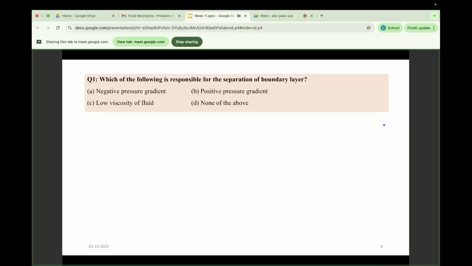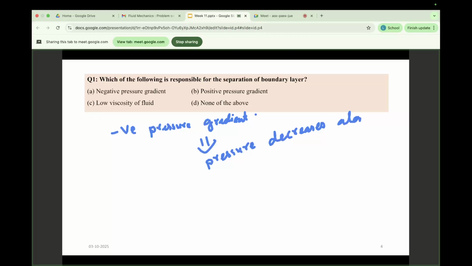Always remember one thing: negative pressure gradient, irrespective of the type of boundary, whether it's a curve or any irregular boundary, implies that pressure decreases along the flow.